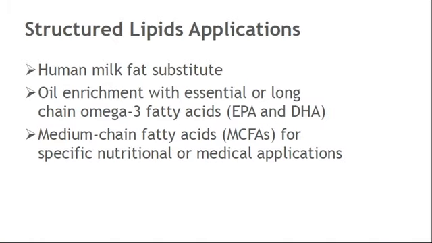So the application, just as in the interesterified, is to make human milk fat substitutes, oil enriched with essential or long chain omega-3 fatty acids, and oil enriched with medium chain fatty acids for specific nutritional or medical applications.